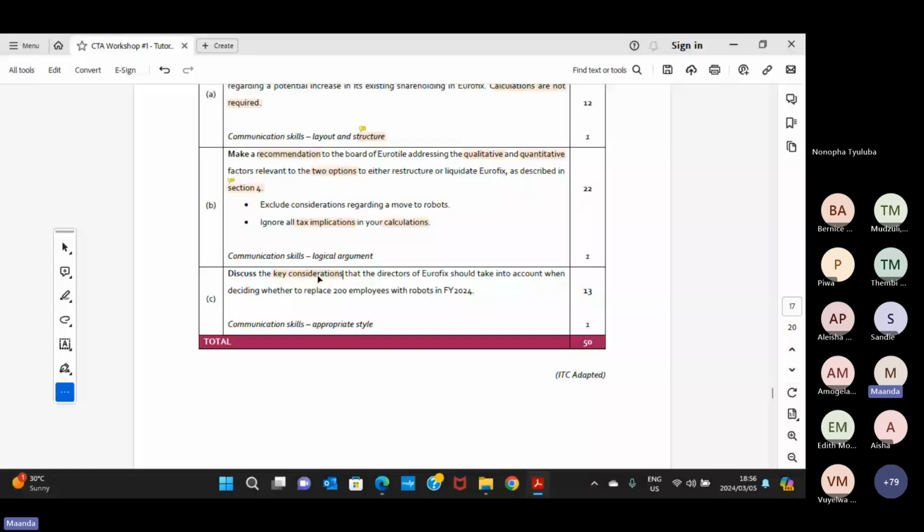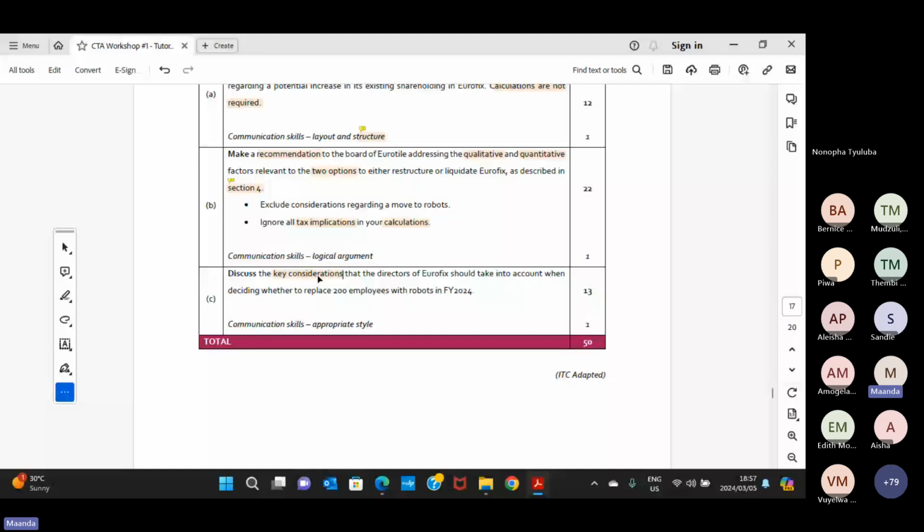So you can't be emotional here because of 200 employees getting replaced, and then you forget to talk about some of the positive things that can come with replacing those employees, right? So obviously this again was an ethics part of things. Remember, ethics are also divided into your personal ethics, your business ethics, and also your relationship ethics. So this had to talk to the business ethics side of things, right?